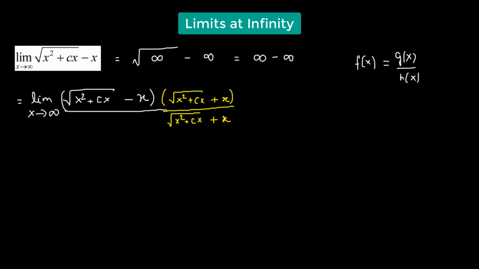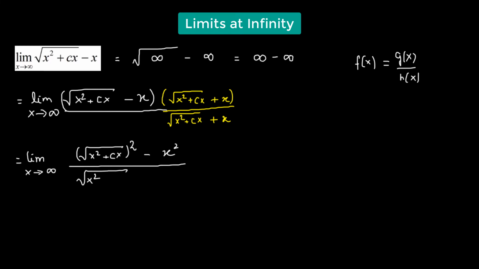So we have the limit as x approaches infinity of the square root of x squared plus cx, whole squared, minus x squared in the numerator, divided by the square root of x squared plus cx plus x in the denominator.